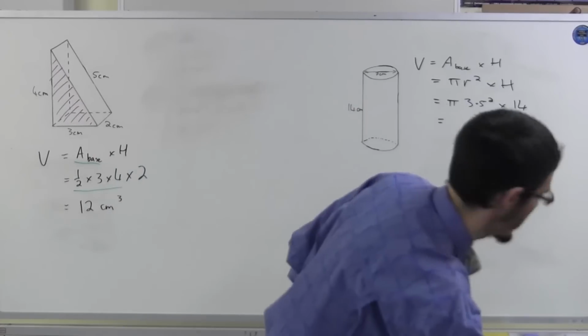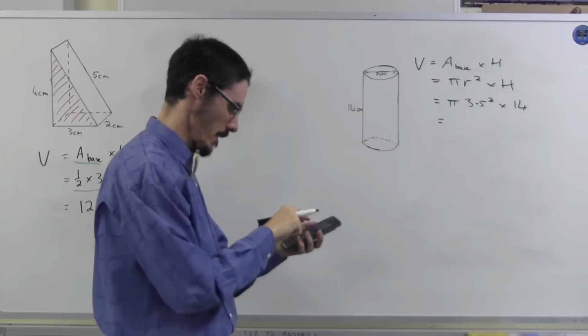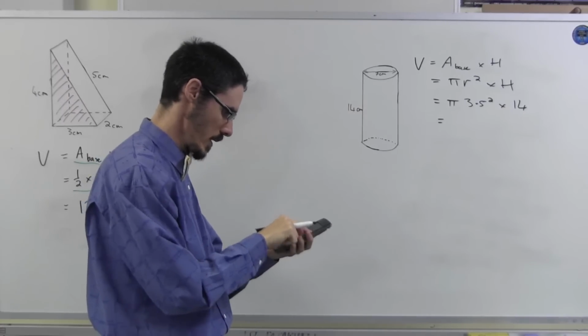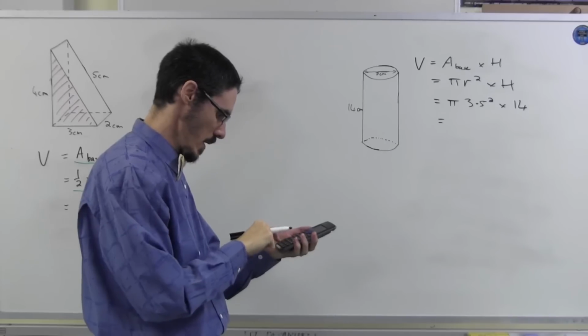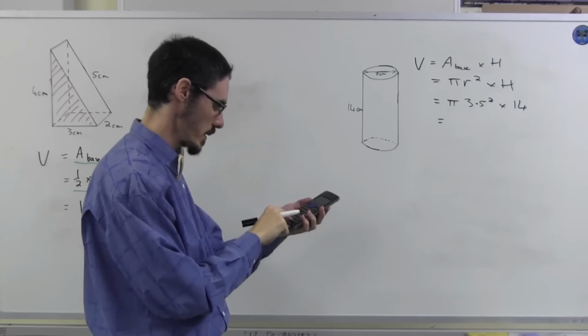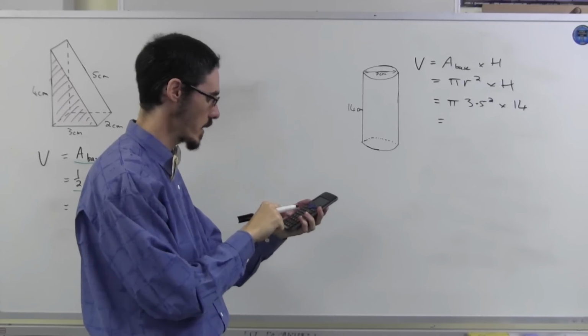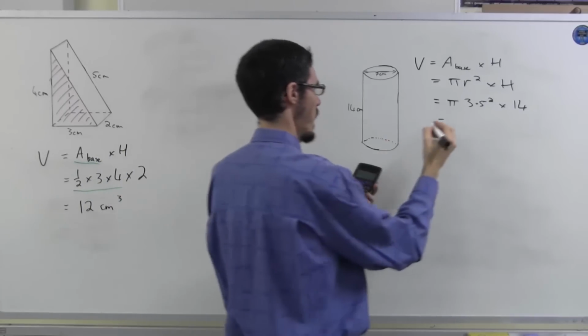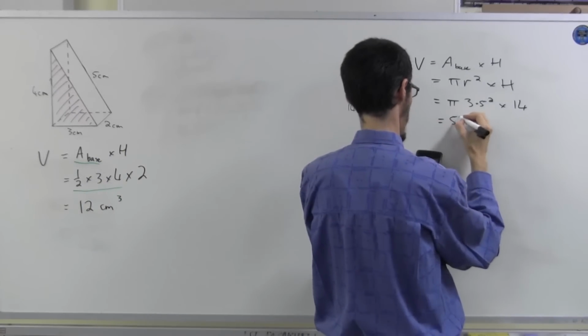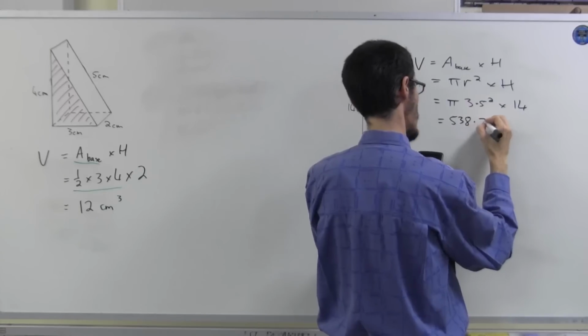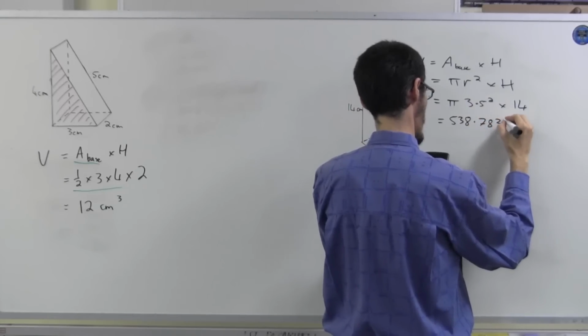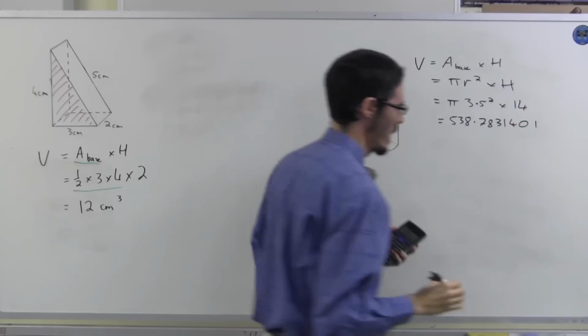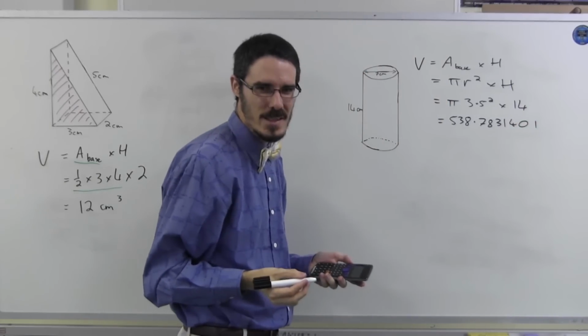Get your calculator. Oopsie, turned it off by mistake. Pi times 3.5 squared times 14 is 538.78314001. Do I need all those digits?